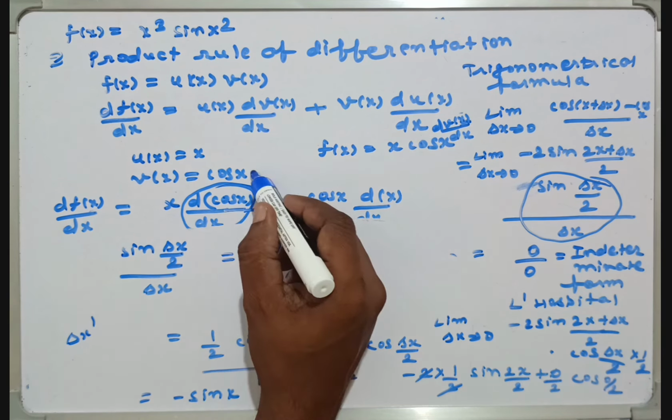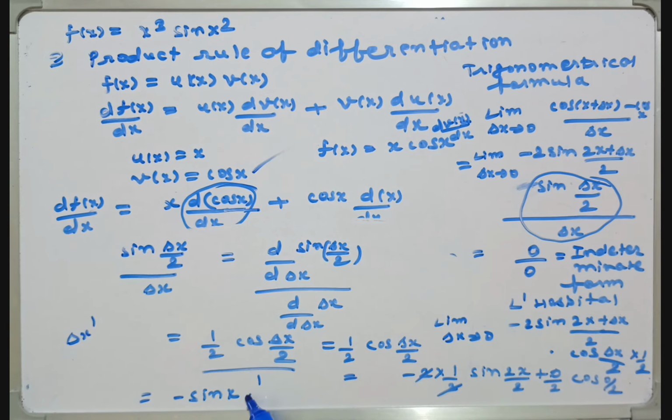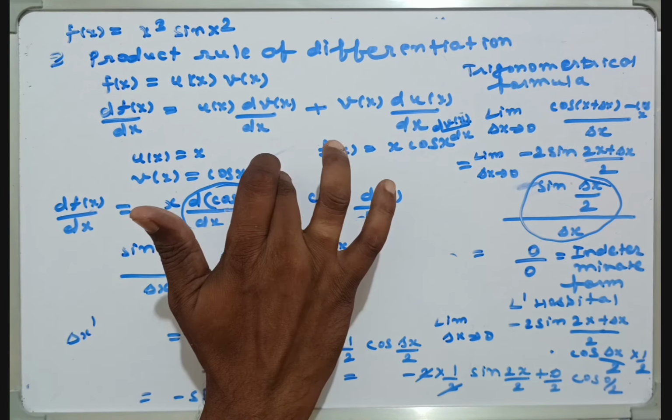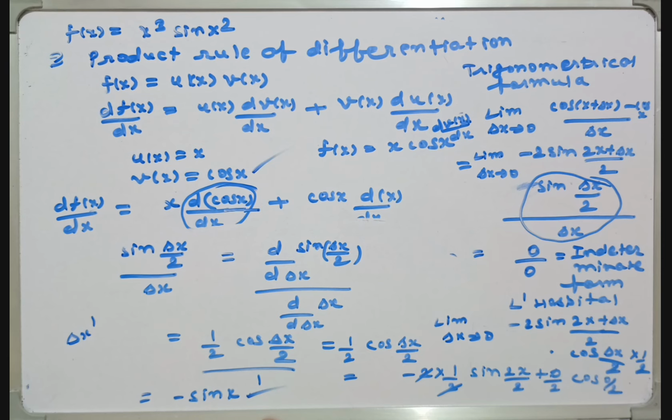So the derivative of cos x with respect to x is minus sin x. What you see, the differentiation of cos x is coming minus sin x. So this is how it comes when you do all these exercises. So guys, one trick you can just remember: the derivative of this function is this one.